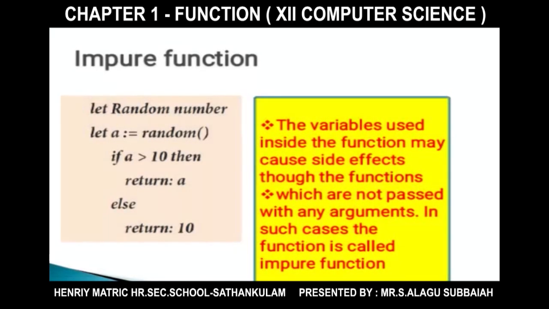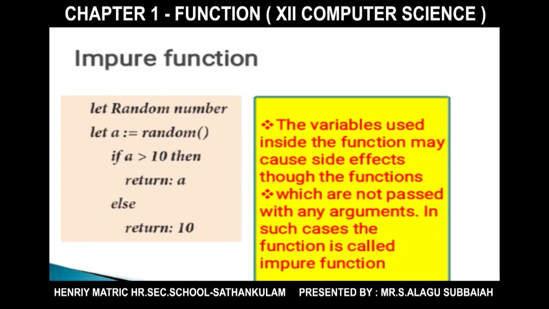Let's see what is meant by impure functions. Suppose a function has some variables. Those variables cause a side effect to that function. Then the function is called an impure function.